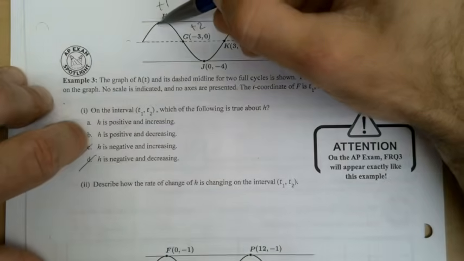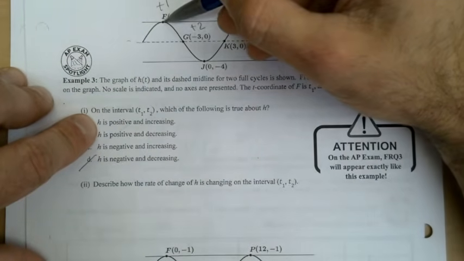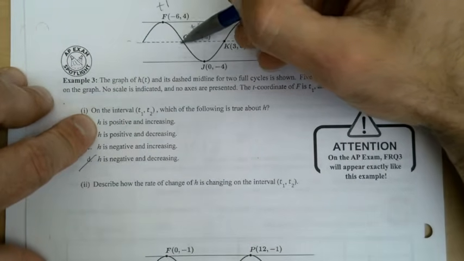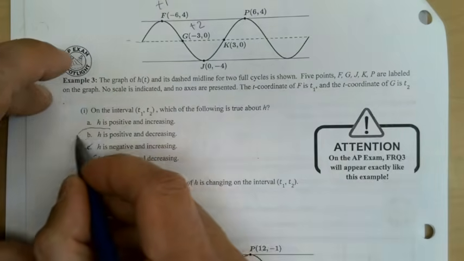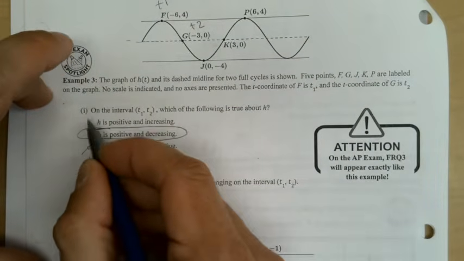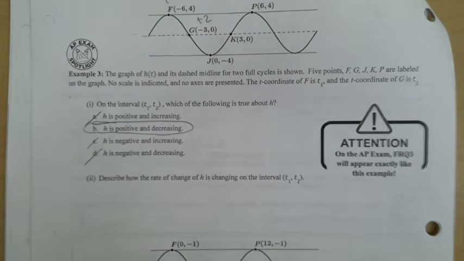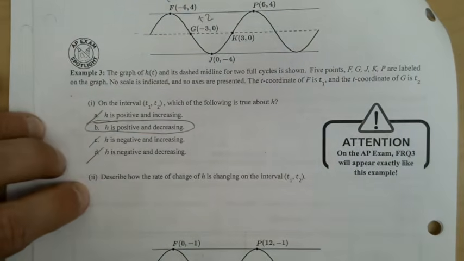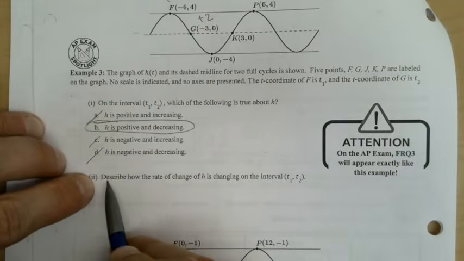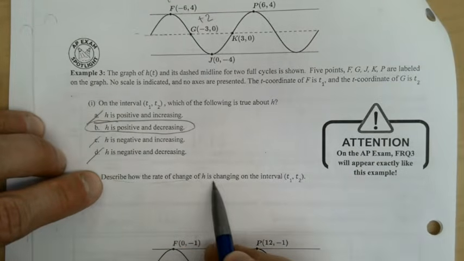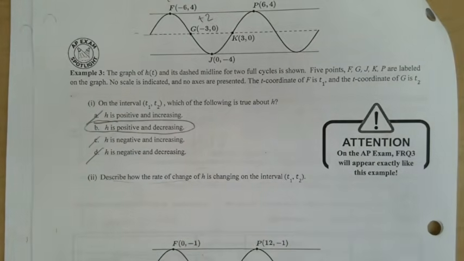Now, is this function increasing or decreasing? Oh, it's going down, so it's decreasing. They didn't actually ask me anything about the slope on this one. Oh, here it is. It comes in at part B. Describe how the rate of change of h is changing on this interval.